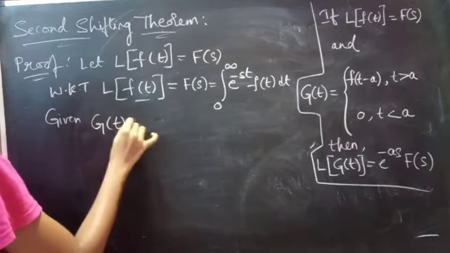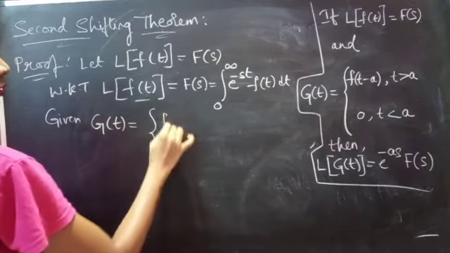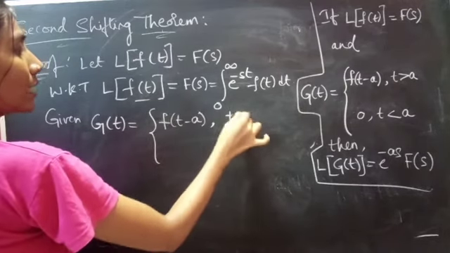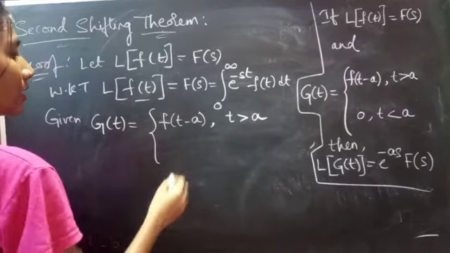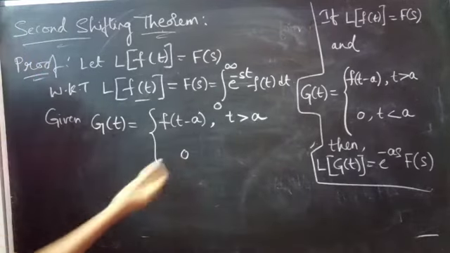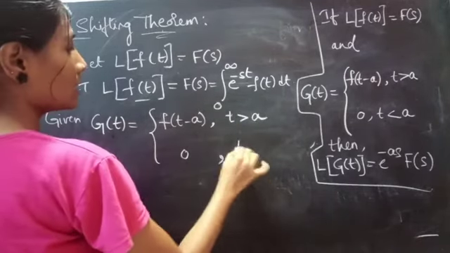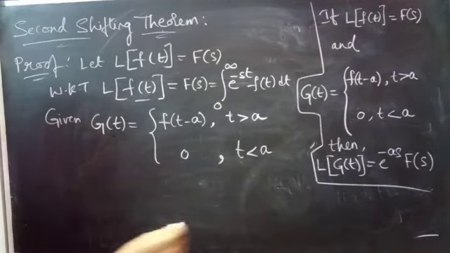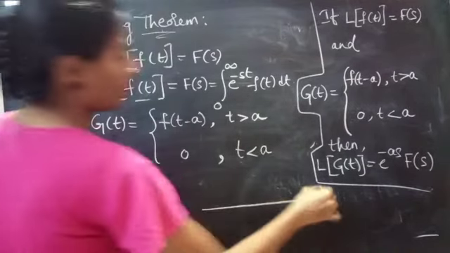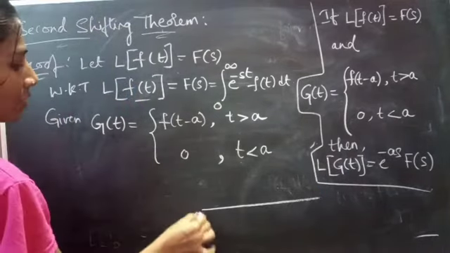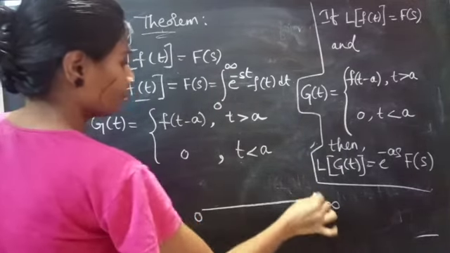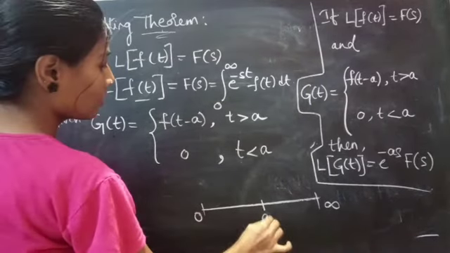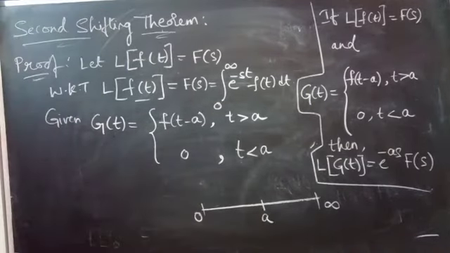Also given, g of t is equal to f of t minus a when t is greater than a, and g of t equals 0 when t is less than a. So if you consider a real line, say from 0 to infinity, and let a be a number between 0 and infinity.